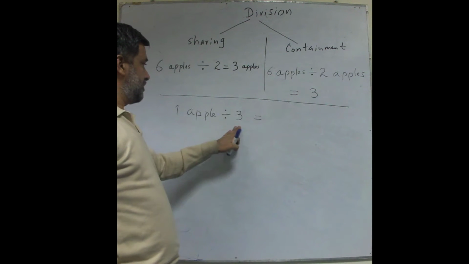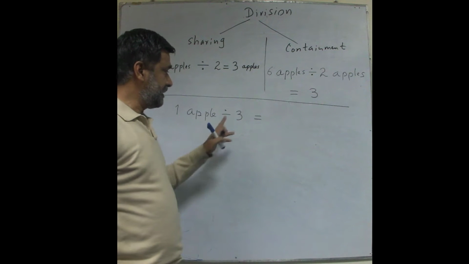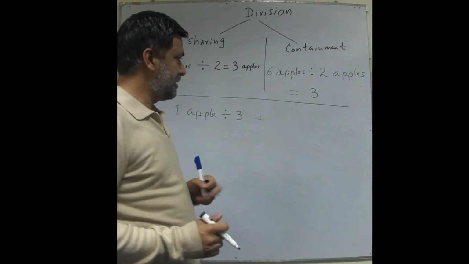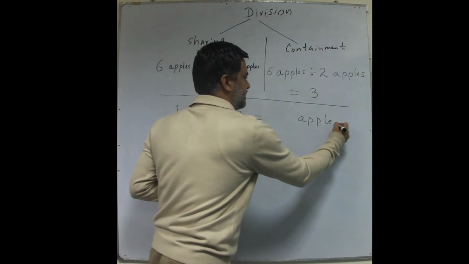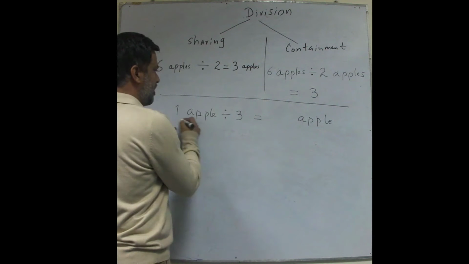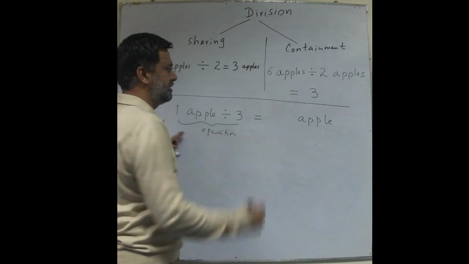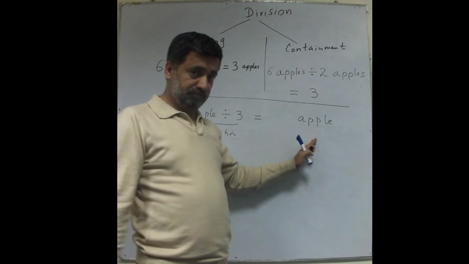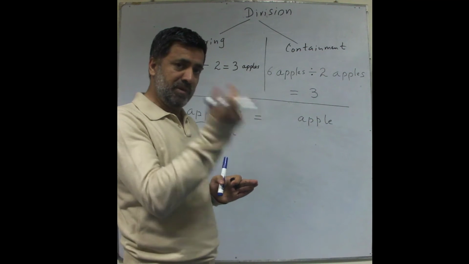The only way you can do that is to cut that apple into 3 parts, and then each person will get a third of an apple. Now we need some notation to represent that answer. So this is the division operation, and the result, which is a third of an apple. If I cut it into 3 parts, that is 1 part.